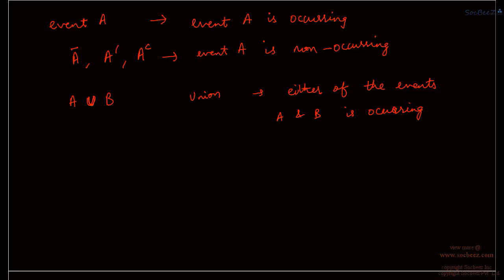So this is known as A union B. Similarly, we have A intersection B. So that symbol actually stands for intersection, and that means both the events are occurring.